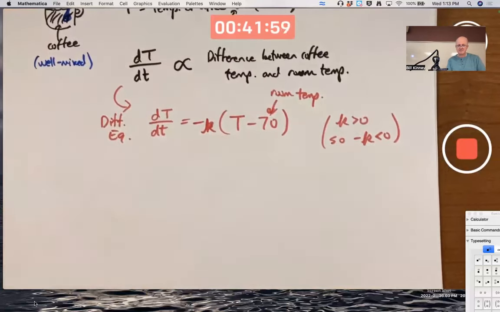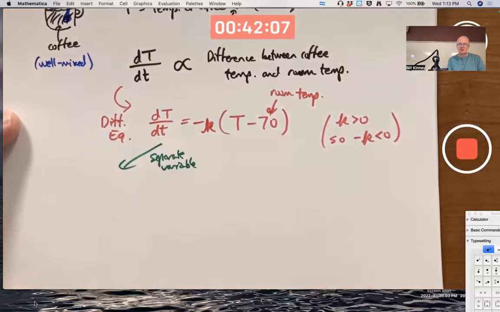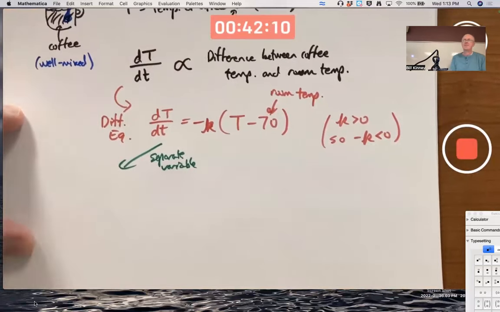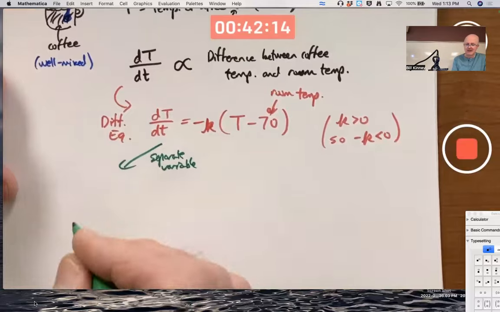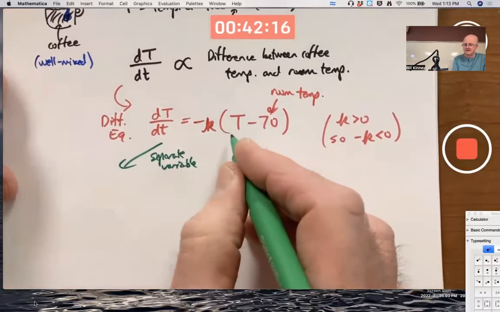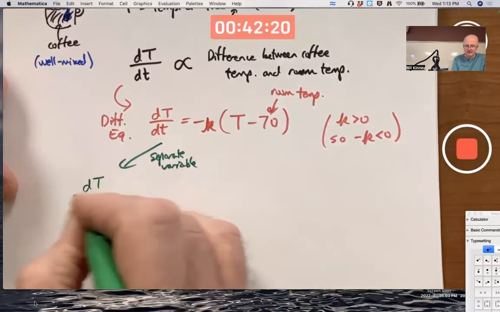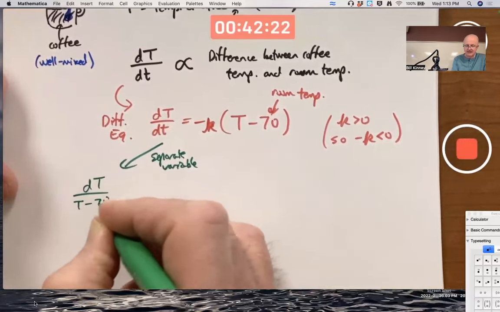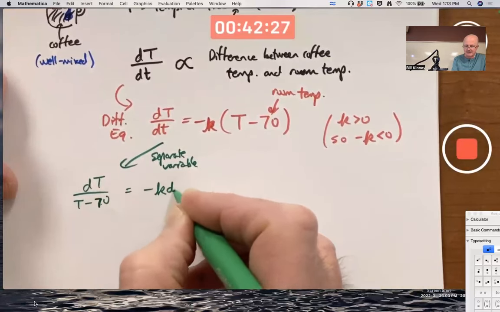Separate variables by pretending to multiply both sides by dt. That can be made rigorous. We did on Monday. And divide both sides by capital T minus 70. We would get d capital T over T minus 70. Just leave the negative k on the right side. It goes negative k d little t.